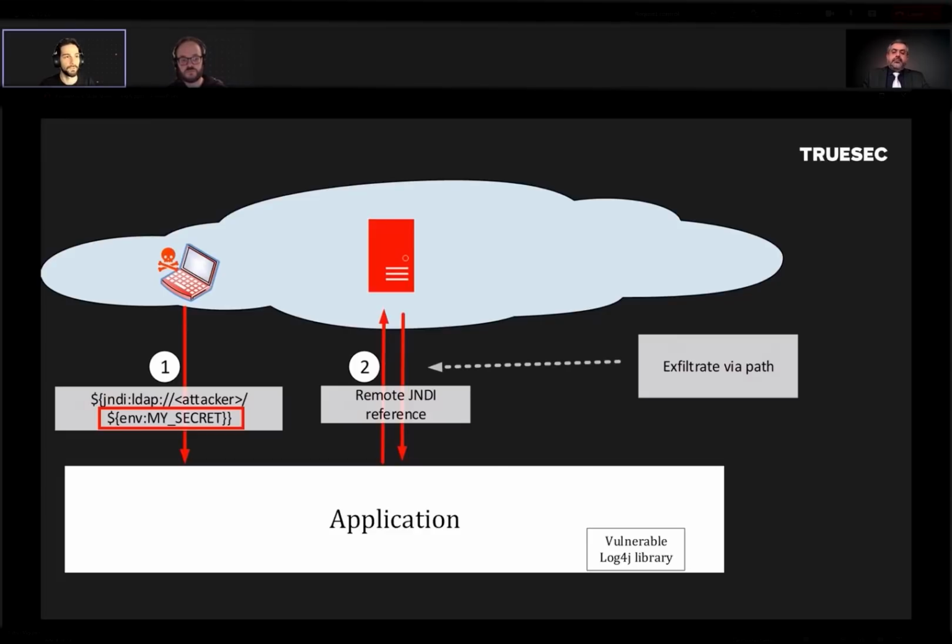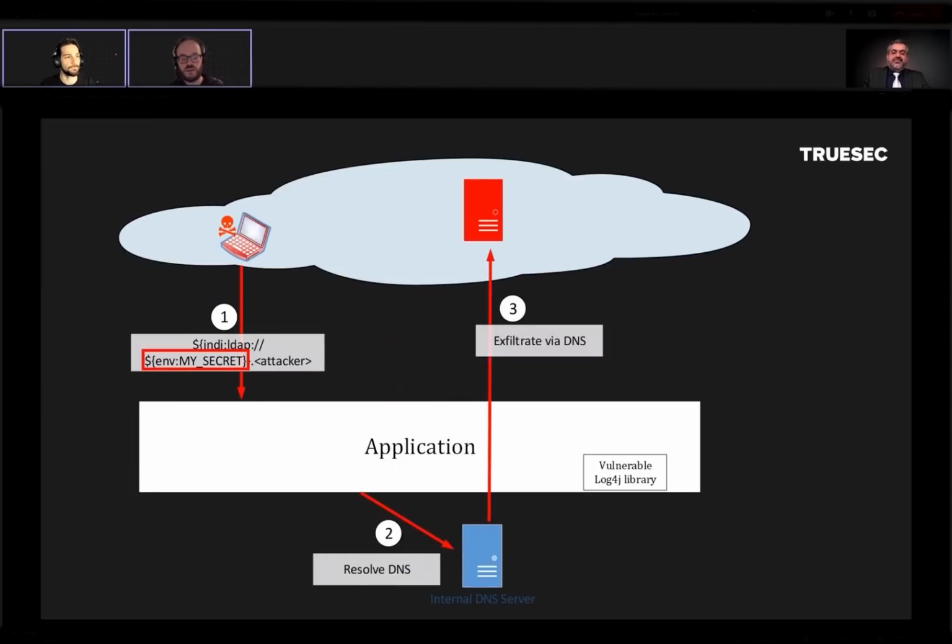Yeah. So then what's the last case then? Yeah, so we have a variation, because you might be blocking all outbound calls. So you block the calls to the LDAP server. The Log4j framework cannot call out to send the path. Well, then we figured, and so did other people, that you can exfiltrate the data through DNS instead.